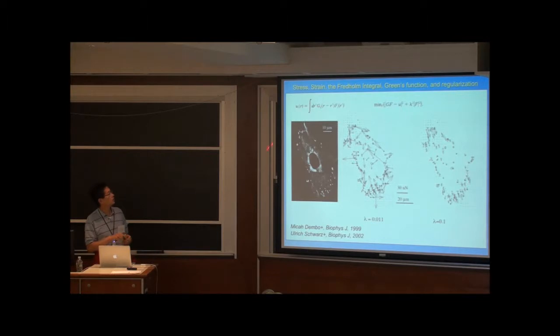What you then do is that there's a very simple equation that basically relates the strains to the stresses. Okay, the forces that are needed to deform the gel to give you certain deformations. And the relationship is here described under this Fredholm integral. The transfer function, if you will, involves this Green's function.